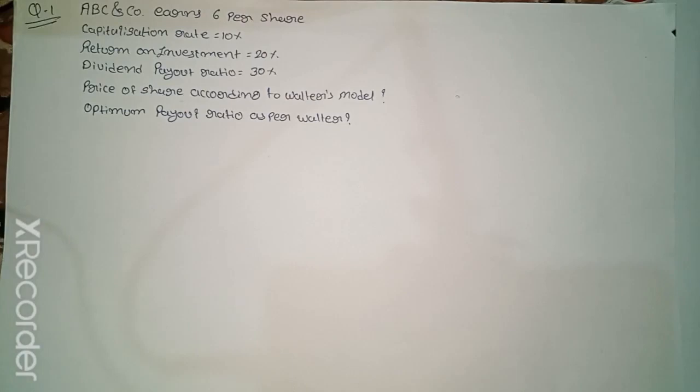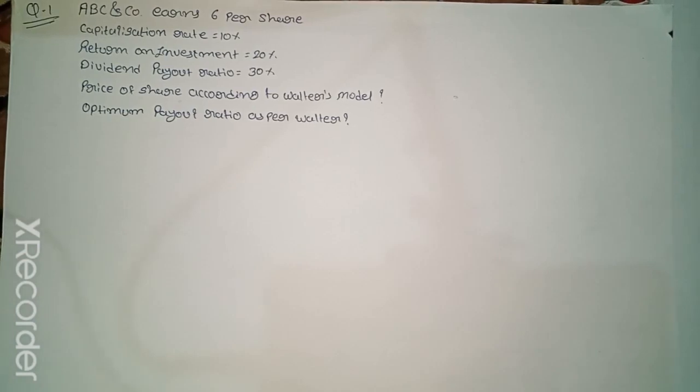Now we solve one question. ABC company earns 6 per share, capitalization rate 10%, means required rate of return is 10%. Return on investment, means return on retained earning by company, is 20%. Dividend payout ratio is 30%. Price of shares according to Walter's model.